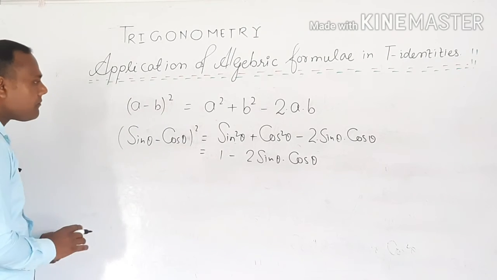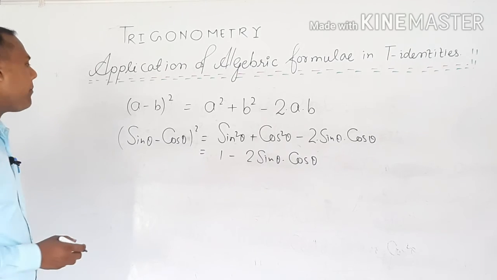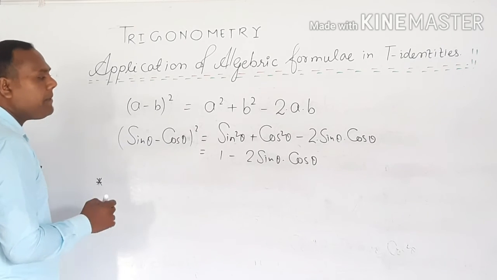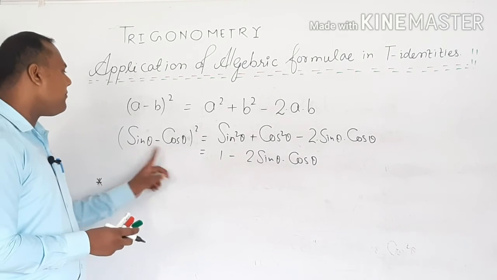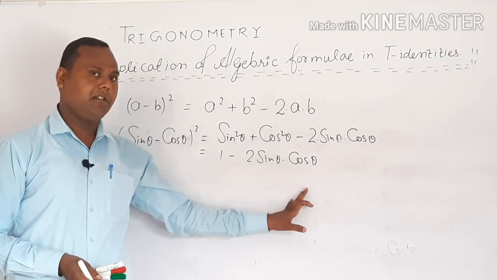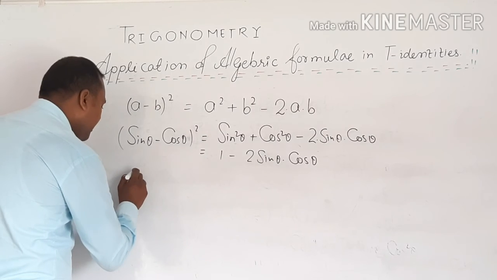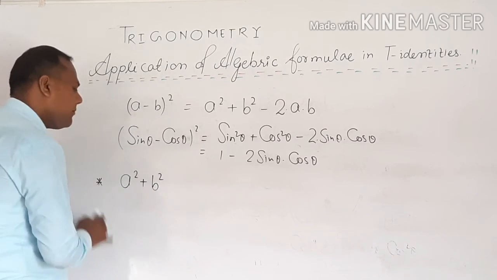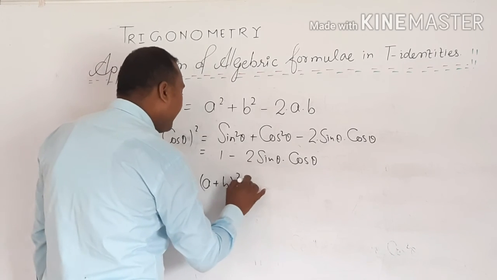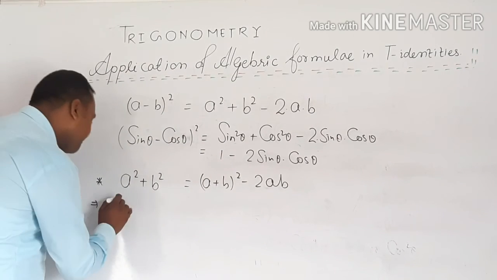This type of identity is very frequently used while solving problems. The next one is, how can we memorize the formulae? Sine of theta minus cos of theta the whole square means 1 minus twice of sine theta into cos theta. Now we already know the a square plus b square formula. That means a plus b the whole square minus twice of ab.